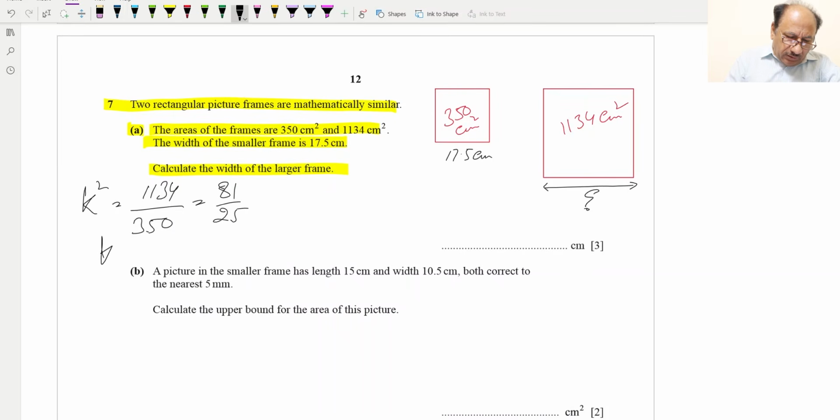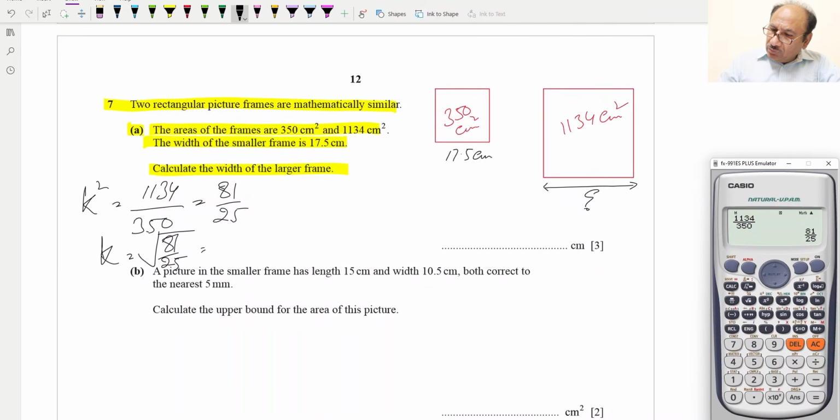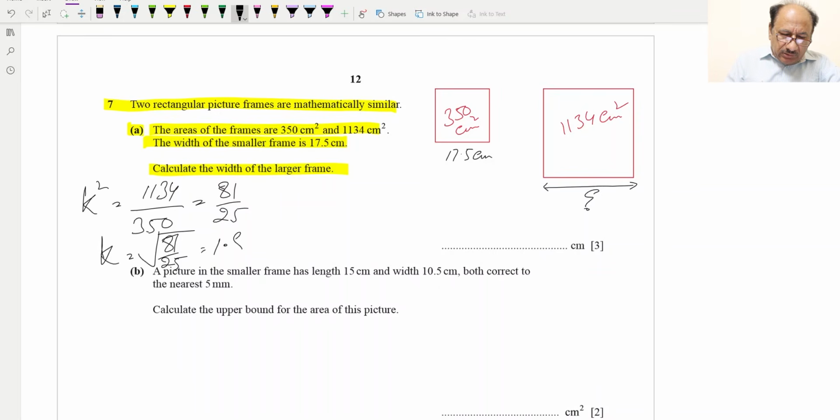Now we can find the k value. K value will be the square root of 81 over 25, which will be equal to 9 by 5, and 9 by 5 we can write as 1.8. This will be the k value.